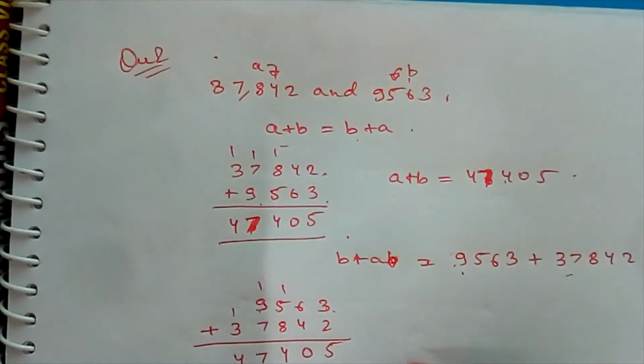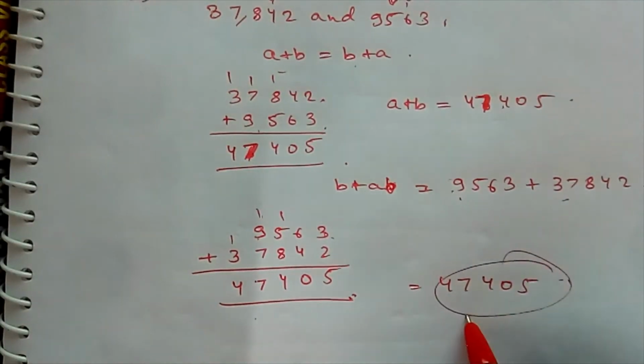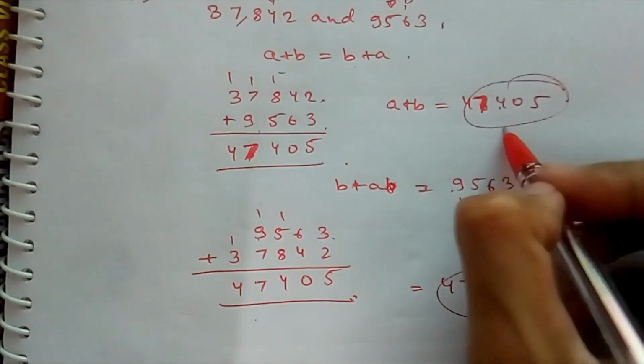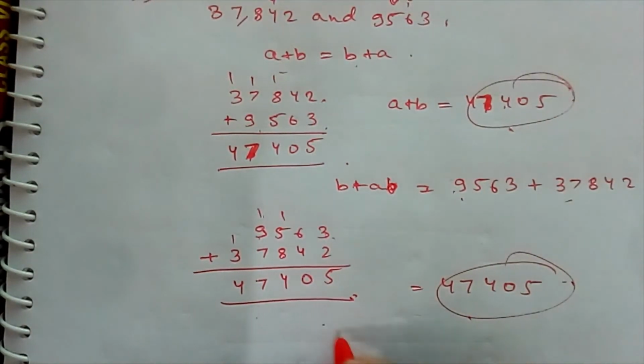Okay, so here it is 47405. So this number 47405 is equal to this 47405. Hence it's verified.